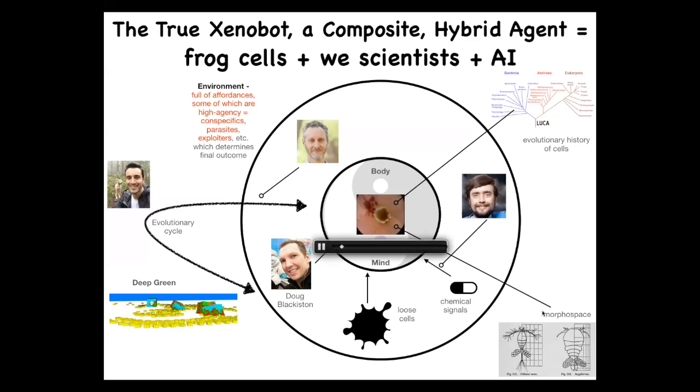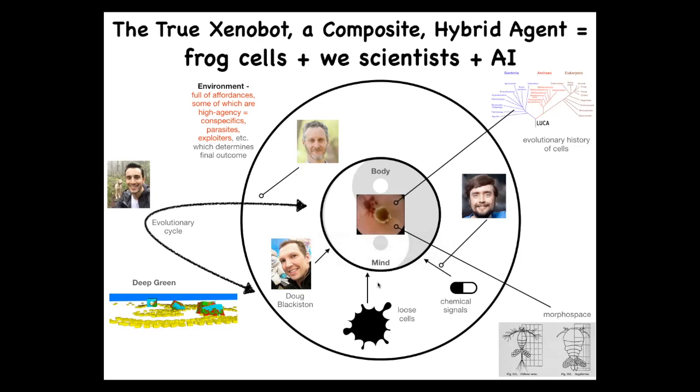It involves part of the morphospace that is this novel aspect here. It involves the AI that was helping us determine the optimal stimuli and optimal shape. So I think this is a composite entity, and this whole thing is the Xenobot.